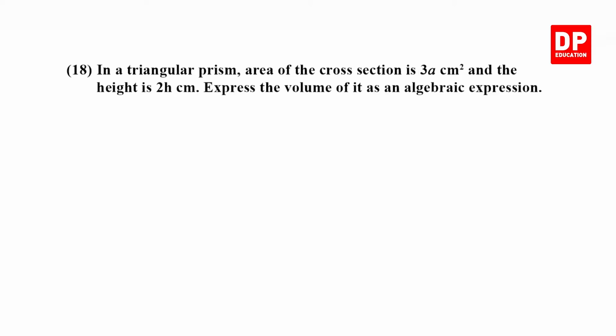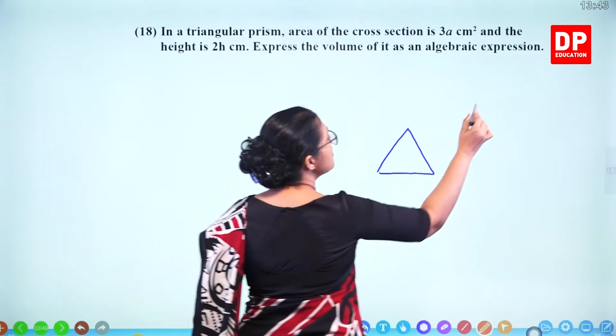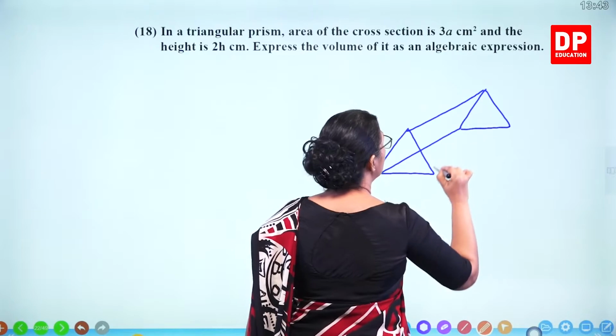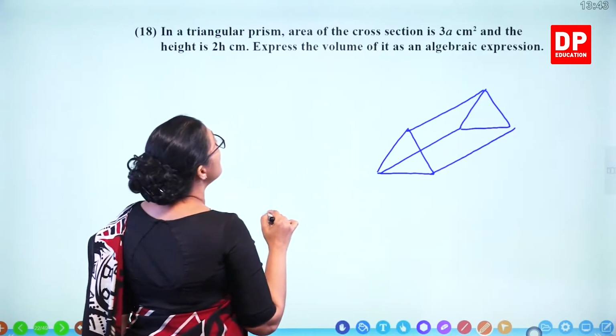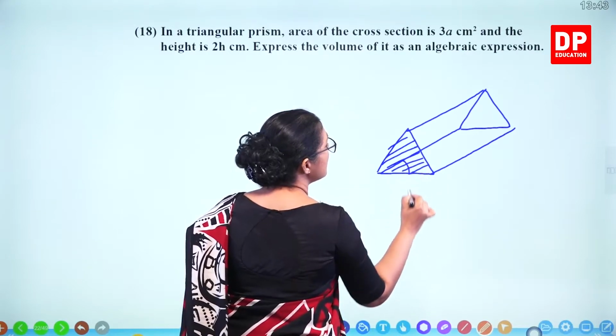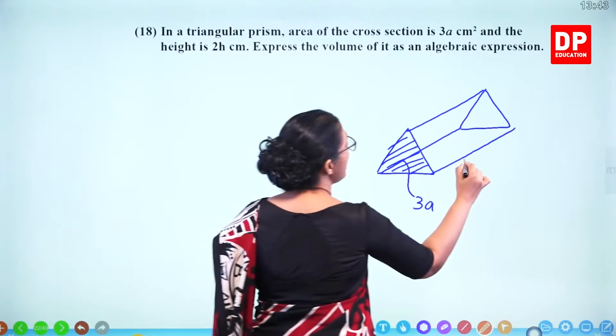Question number 18. In a triangular prism, area of the cross section is 3a. If you draw the triangular prism, this is like 2 triangles and then you connect. Area of the cross section, this part, is 3a and the height is 2h.